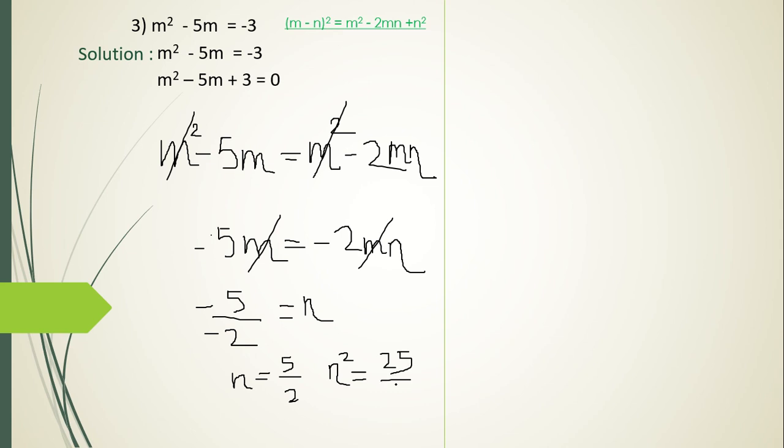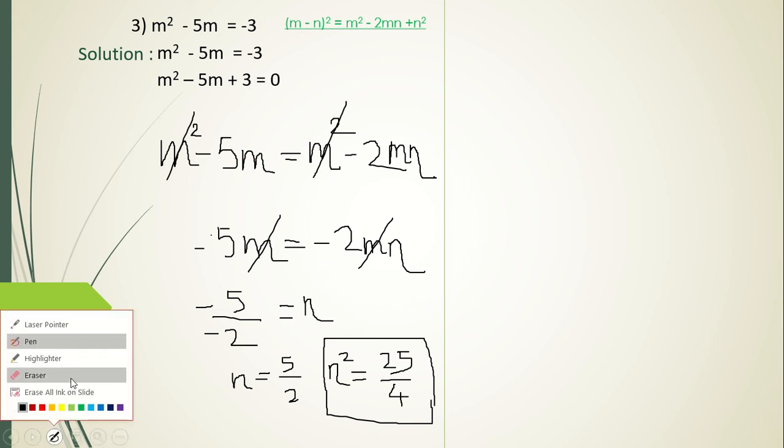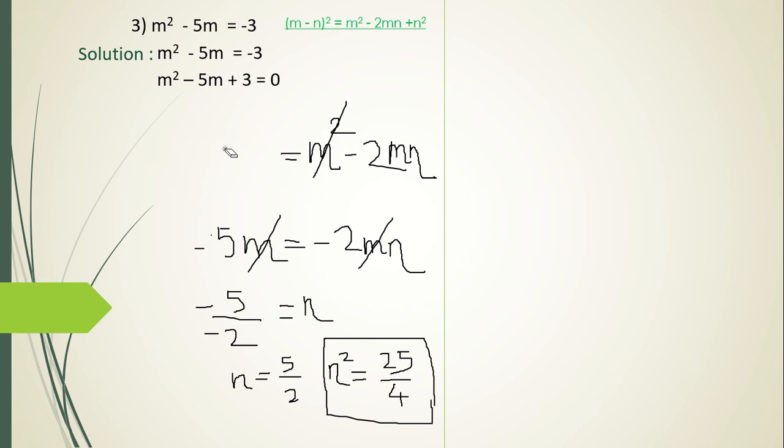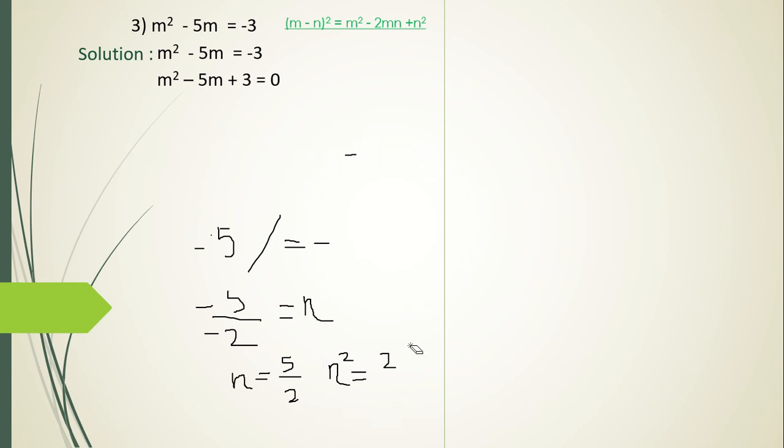So we got the square term to be added now. The square term to be added is this, n square. Right? So I have to add 25 upon 4 and subtract 25 upon 4 in the LHS, so that it becomes a perfect square trinomial.